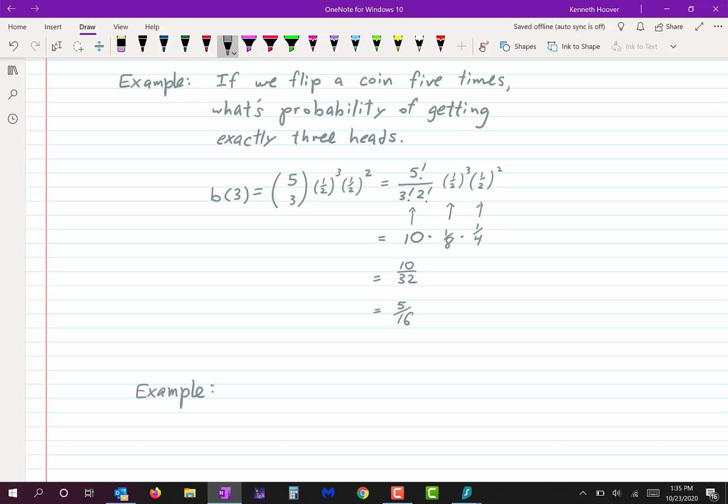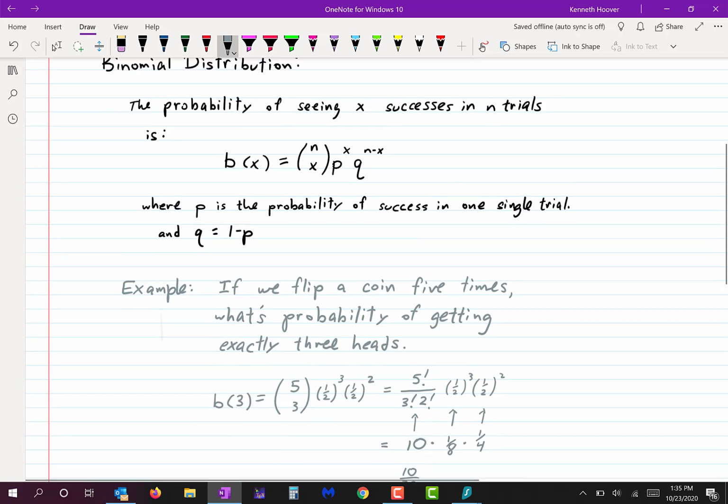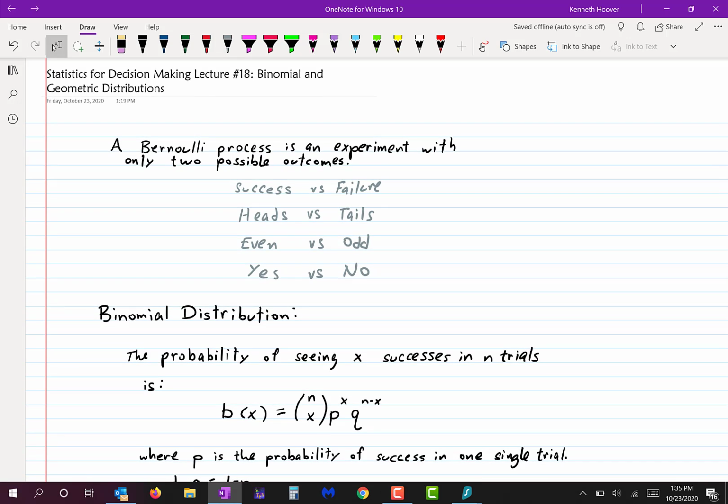And it's important to say that when you do this, the trials must be independent. Like when you're flipping a coin, whether I get heads or tails on the flip has nothing to do with what happened on the last flip. That's important. So maybe I should say up here where I said what a Bernoulli process is, I should say a Bernoulli process is an experiment with independent trials with only 2 possible outcomes.